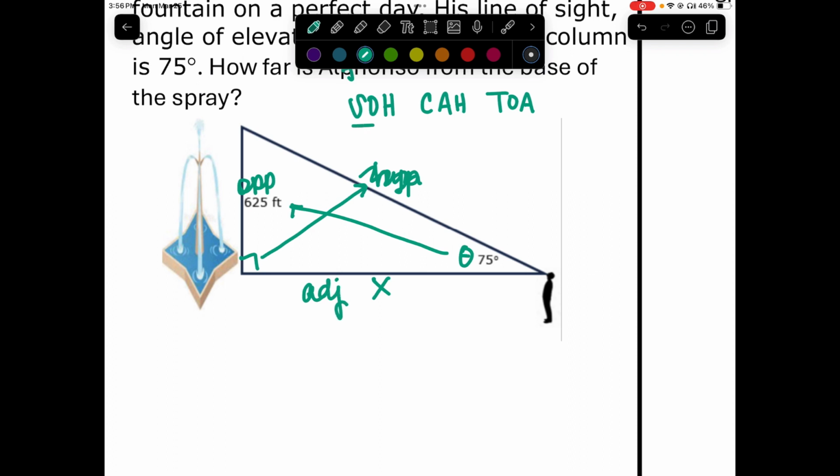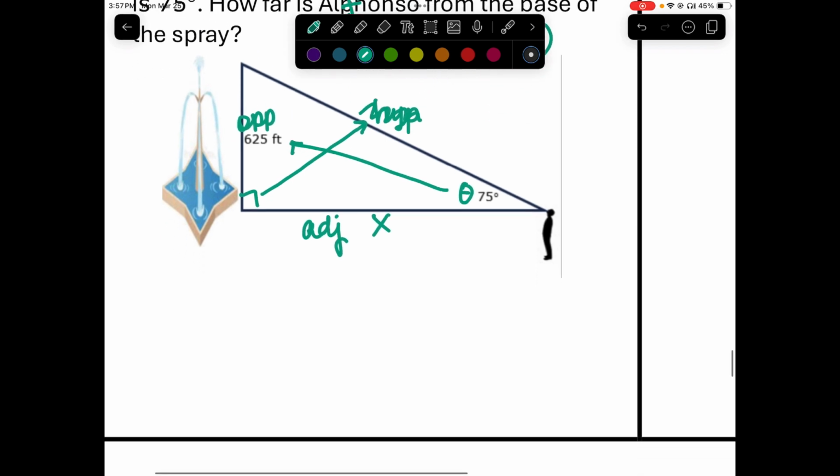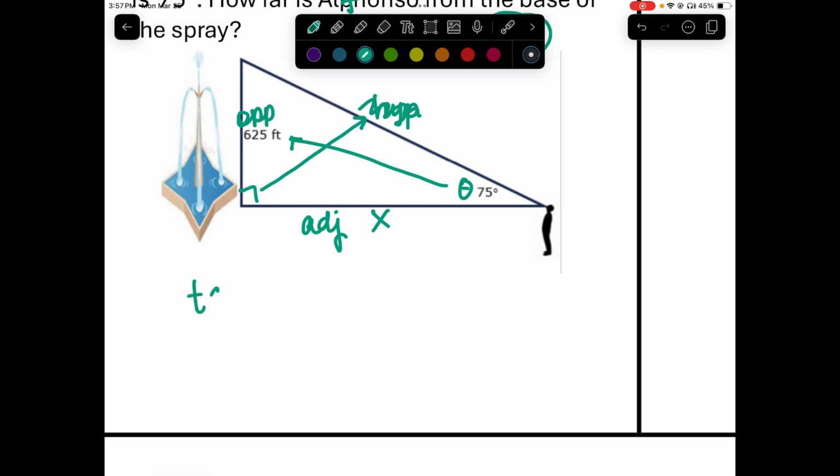So which of these uses opposite and adjacent? This one does. Both of these use hypotenuse, but we're not using the hypotenuse for this problem. So we have tangent 75. Sorry, let me start from the formula. Tangent theta equals opposite over adjacent. So we're going to go ahead and plug in tangent 75 equals 625 over x.